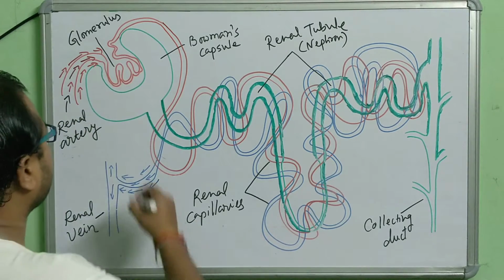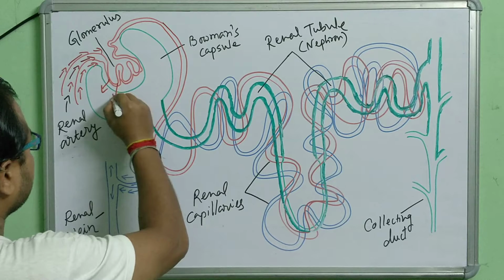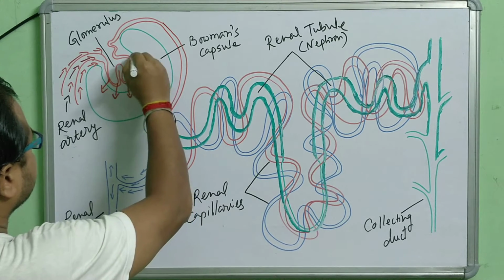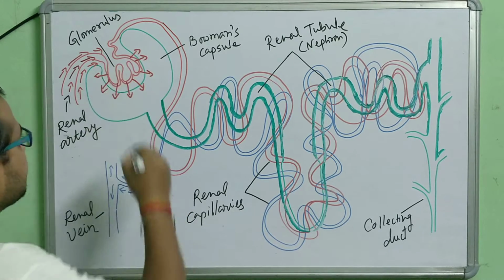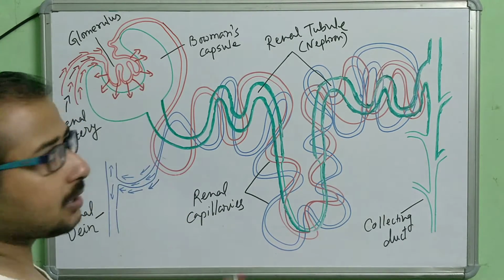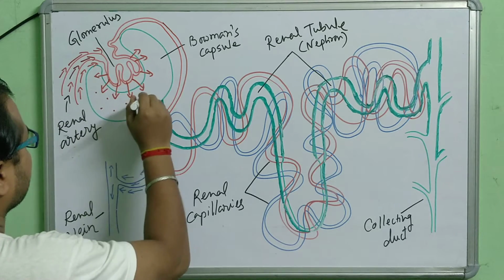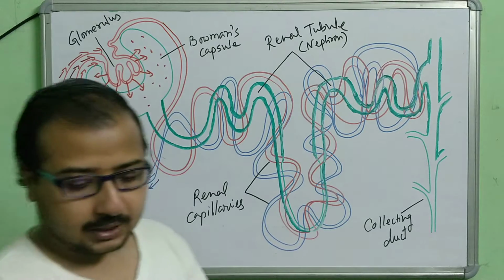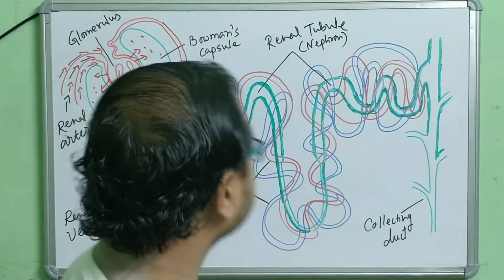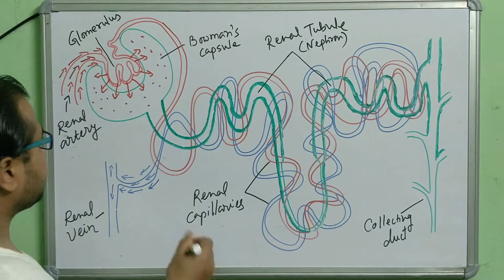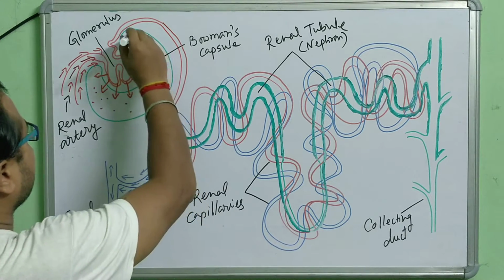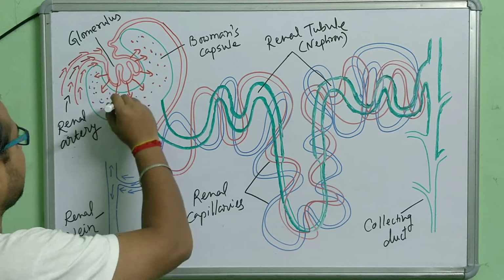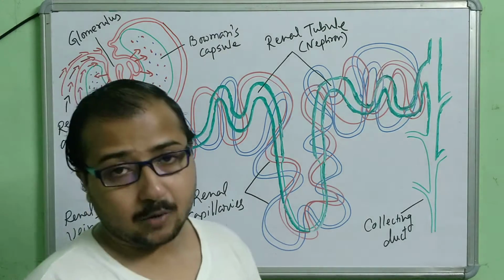Let me give you the arrow signs so that you can understand that the filtrates are entering into this part. All the waste, the nutrients, excess water, everything diffused into the Bowman's capsule.